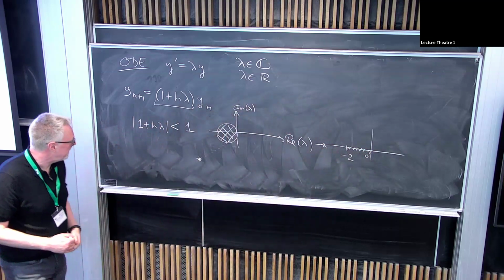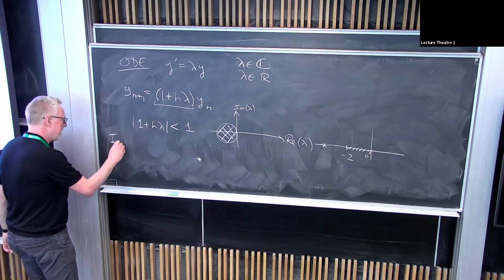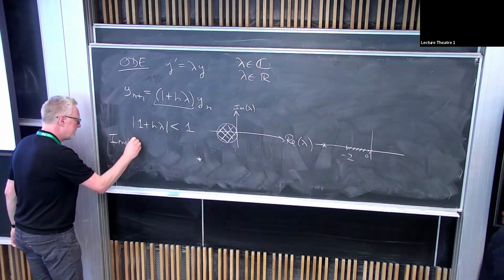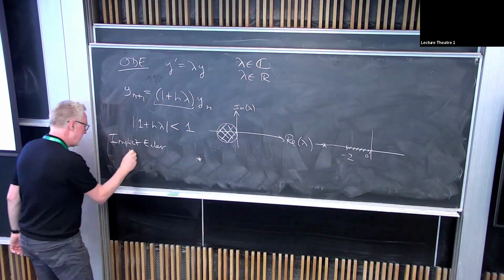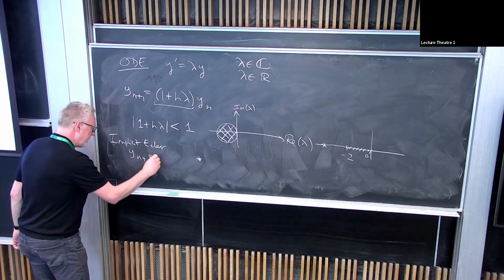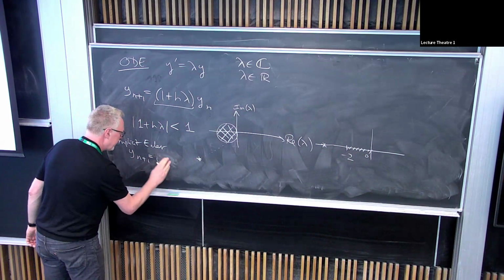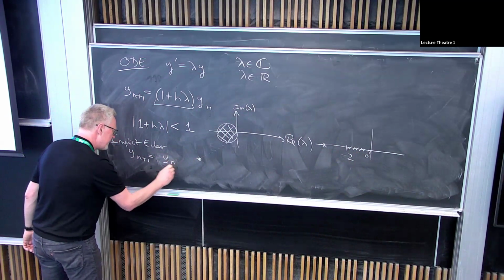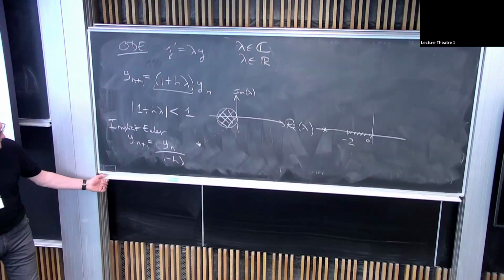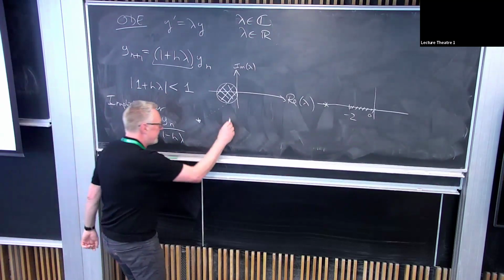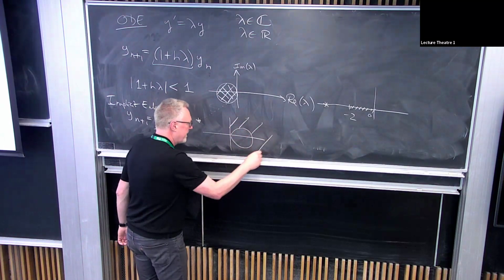Okay. Just out of interest, implicit Euler would be y_{n+1} is 1 plus... Well, once you rearrange, you get 1 minus h lambda on the bottom. And that's a good property, that the stability region is the exterior of that disk.